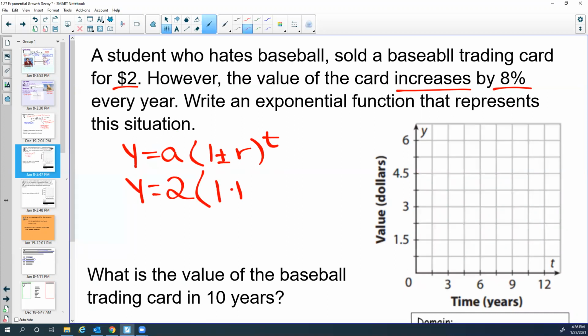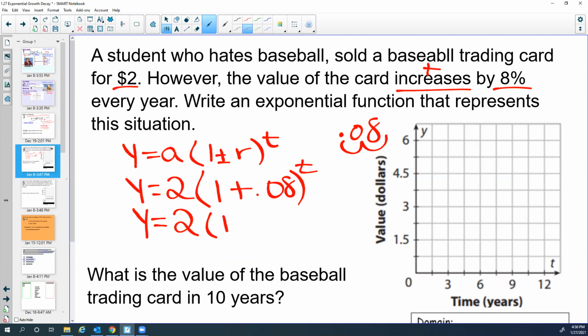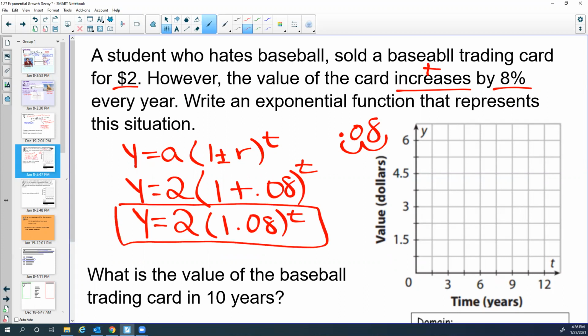I'm going to do 1 plus because we are increasing. My R is 8%. Move the decimal over twice to the left to change it to a decimal, 0.08, to the T. We do need to simplify what's in the parentheses, which becomes 1.08 to the T. And that's your equation.